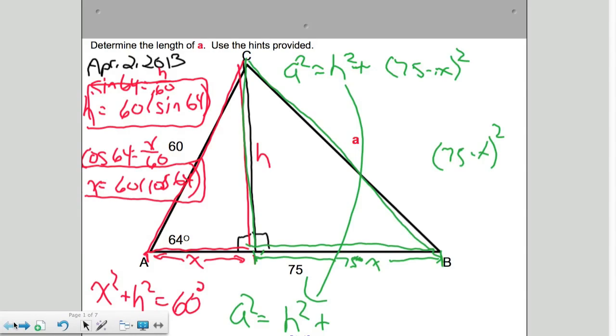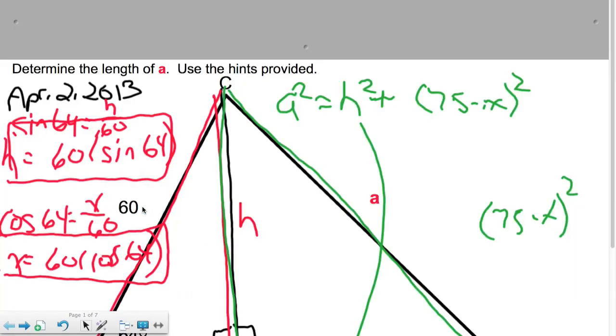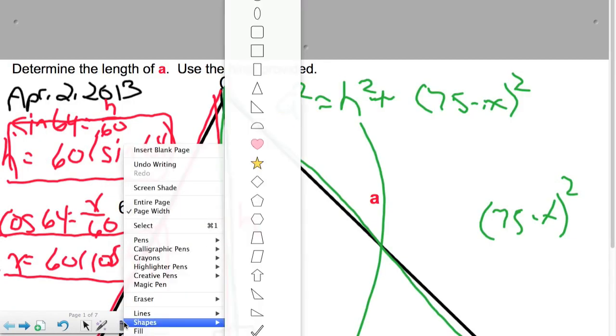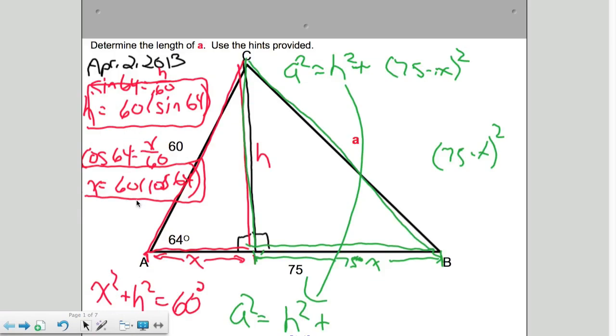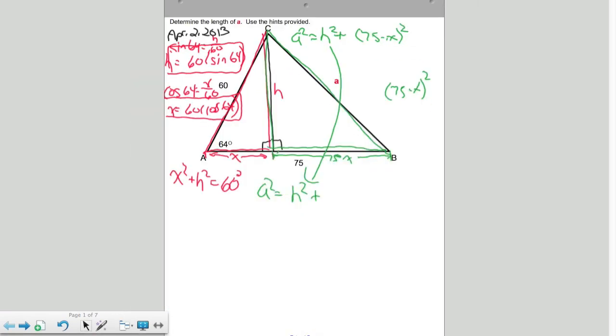So I want to take that and apply it to this now. What's my first term? 75 squared, minus 2 times 75 times x.